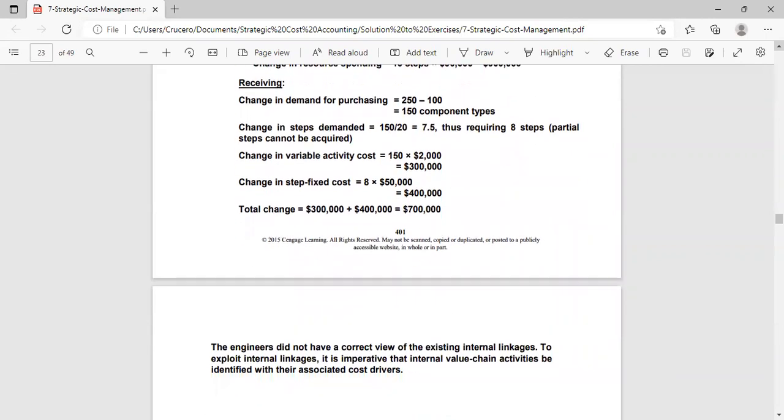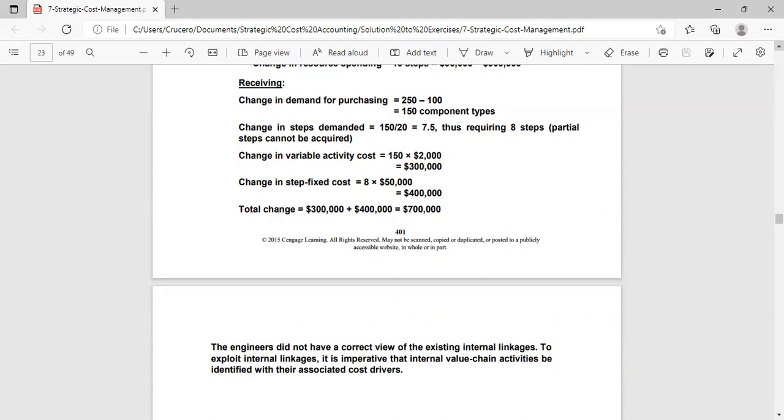Now for the receiving, change in demand for purchasing is 250 minus 100. We have 150 component types. And the change in steps demanded: 150 divided by 20 equals 7.5. Thus, we acquire 8 steps, since partial steps cannot be acquired.